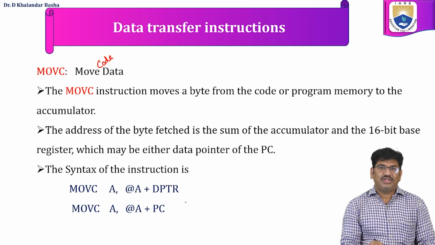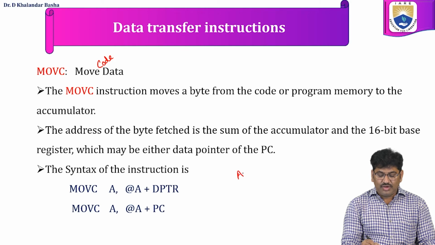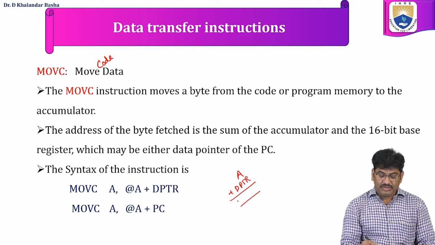The syntax of the instruction, move code byte, that is MOVC A, @A+DPTR. So the contents of the accumulator will be added to the DPTR. This gives the address of program memory.